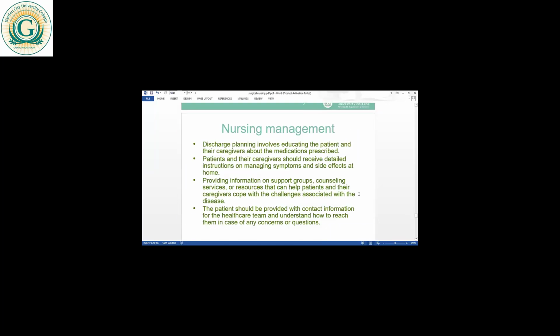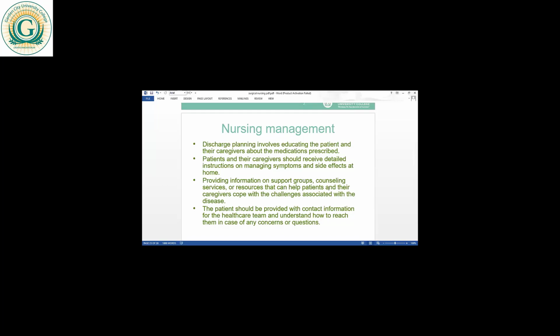Discharge planning will involve educating the patient and their caregivers about the medications prescribed, how they are supposed to administer the drug to the patients, including the time and the side effects.